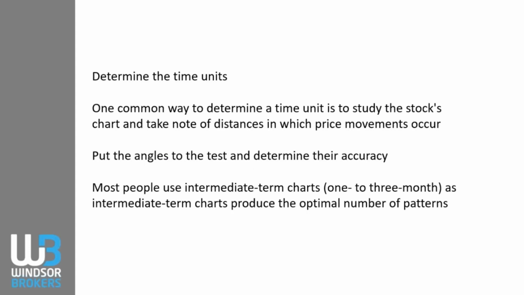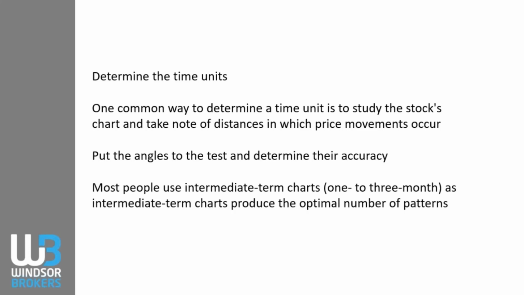So to determine the time units, you study the stock or financial instrument chart and take note of the distances in which price movements occur. Basically, Gann study is based on finding the significant low or significant high. It applies in both directions, and then you start drawing the so-called fan, the angles in that direction, and arranging lines according to the angles.